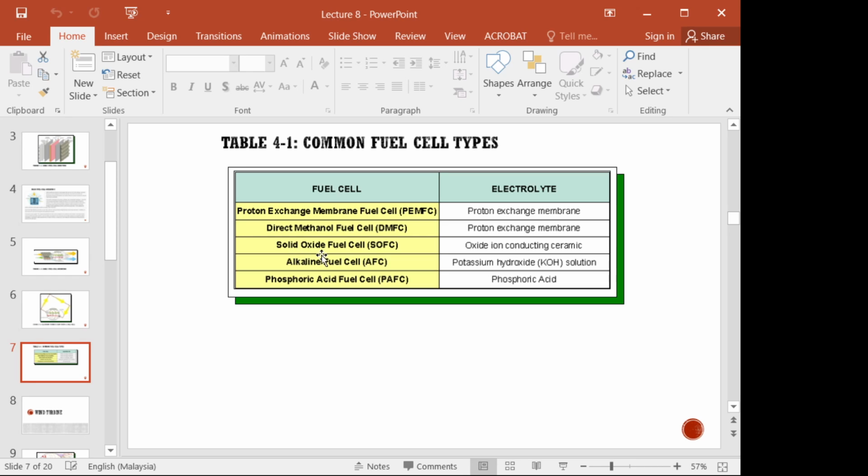We have solid oxide fuel cell, SOFC. We have alkaline fuel cell, AFC, and we also have phosphoric acid fuel cell, PAFC, and all of these are the common fuel cell types with different electrolytes, as you can see here.